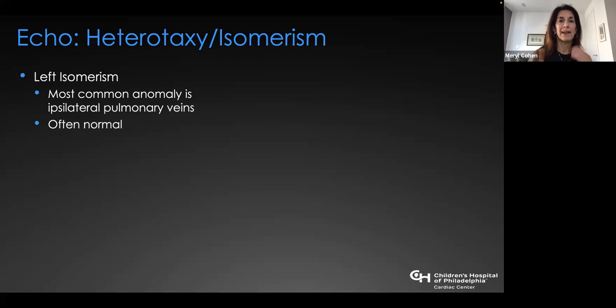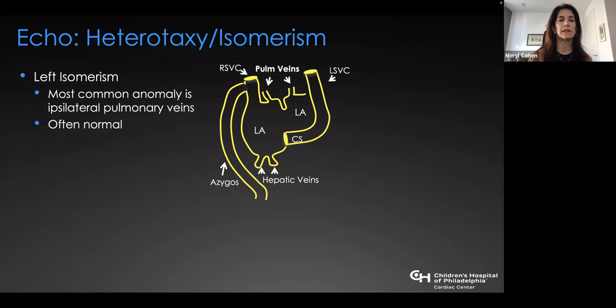Briefly, just to touch upon heterotaxy or isomerism. In left isomerism, the most common anomaly is ipsilateral pulmonary veins, where the right pulmonary veins enter the right-sided atrium and the left pulmonary veins enter the left-sided atrium. You have theoretically 2 left atria in this situation, and that is perhaps why this occurs.